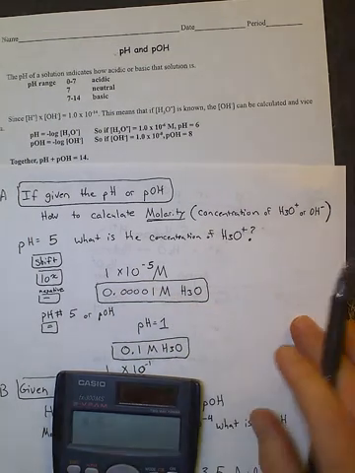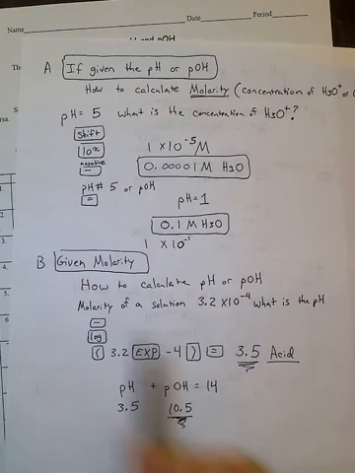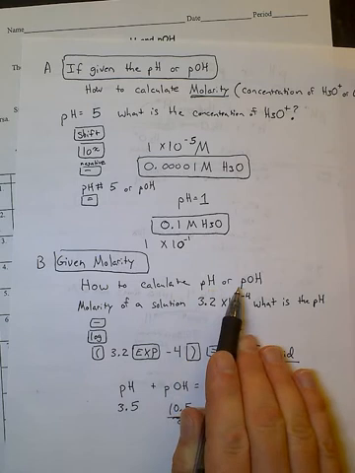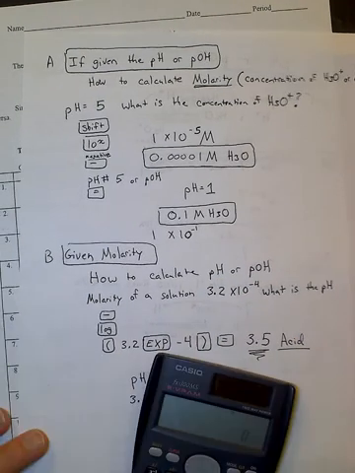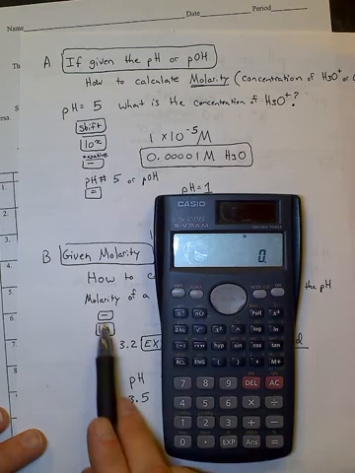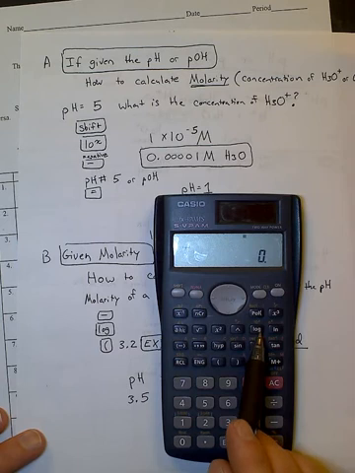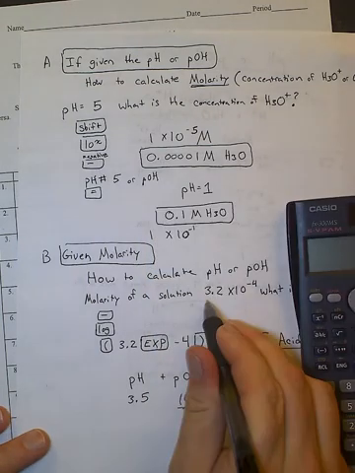All right, so if we do it the opposite way, this is equation B. If you're given molarity and you'd like to calculate the pH or the pOH, we're going to be doing this on the calculator. So how we do this is first type in negative, then you hit your log key. Then we want to put your number in parentheses.